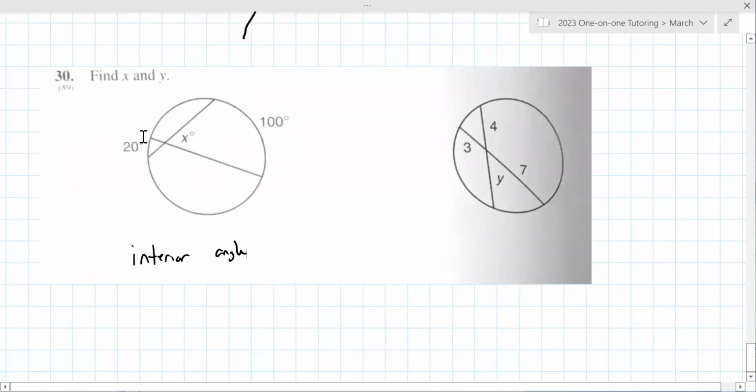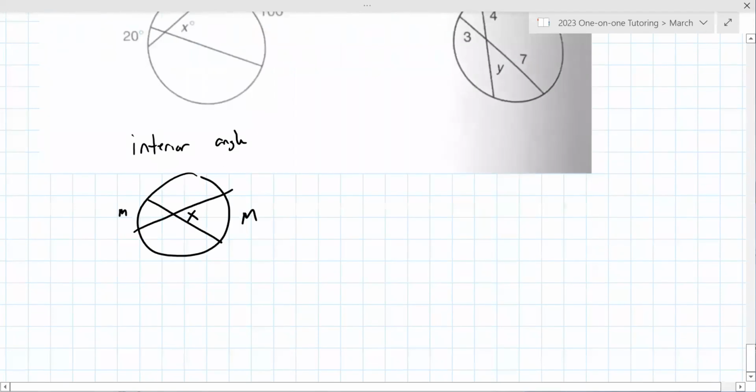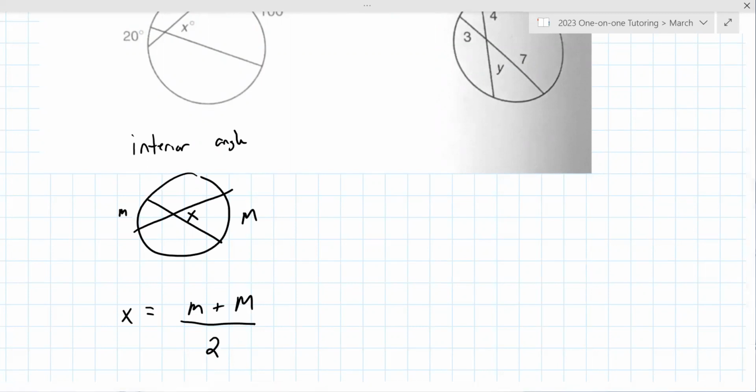And the formula here, let me actually draw the generic formula for you. So let's call it little m, big M, and then x. The formula here is that x equals big M plus little m over 2, basically the average of the two.